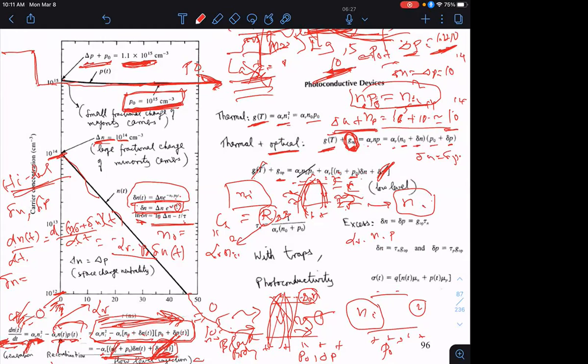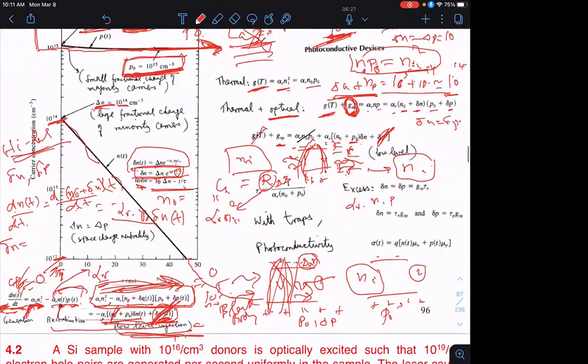To solve that, you first write down a differential equation, dn dt, which is the time rate of increase of the minority carrier electron concentration, which is written as the difference of the generation rate, where the generation rate is due to black body photons that I'm absorbing from the ambient, minus the recombination rate.